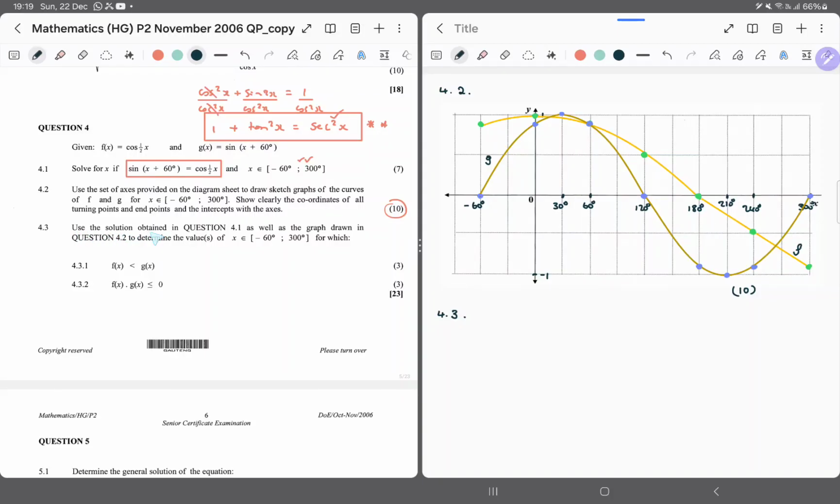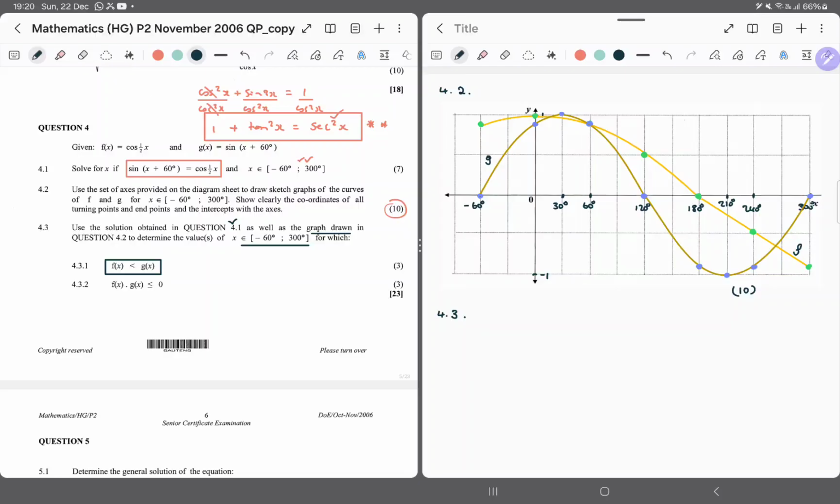Question says, use the solution obtained in question 4.1 as well as the graph drawn in question 4.2 to determine the x value or values where x is an element of the given domain, for which the following. Now we are saying f of x is less than g of x.